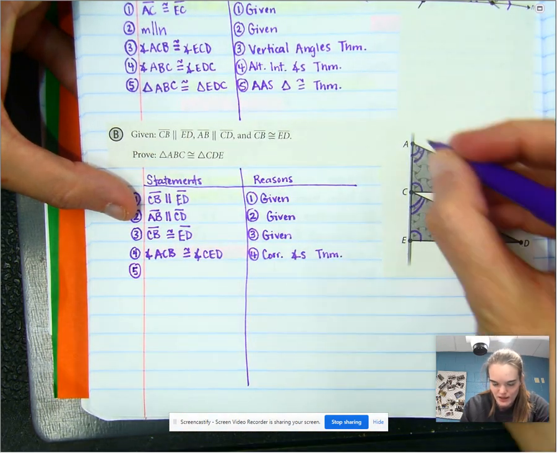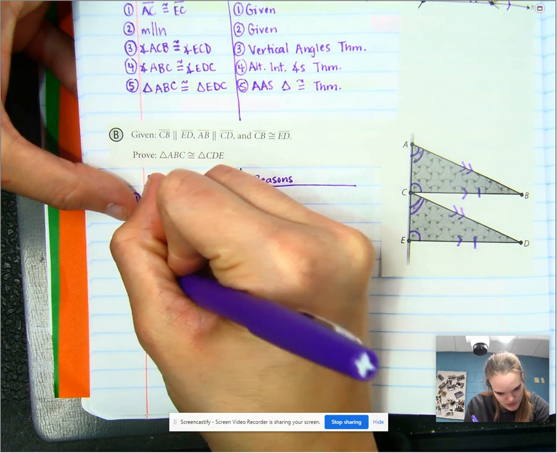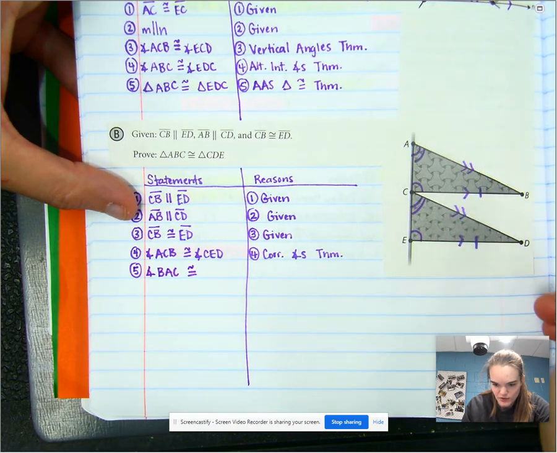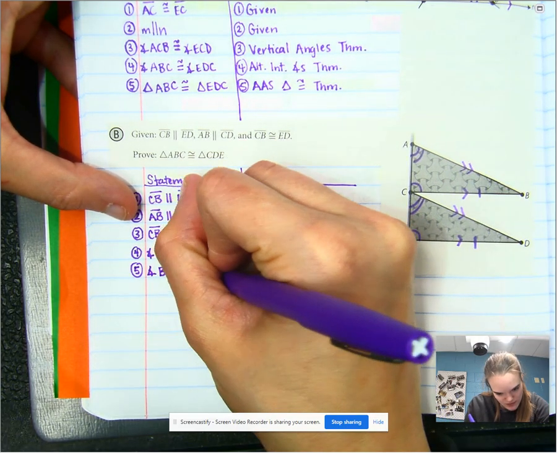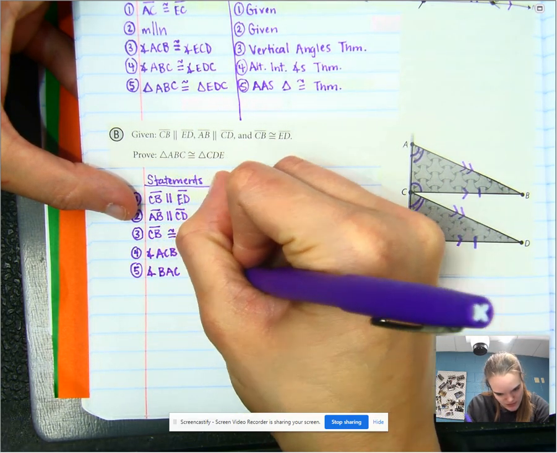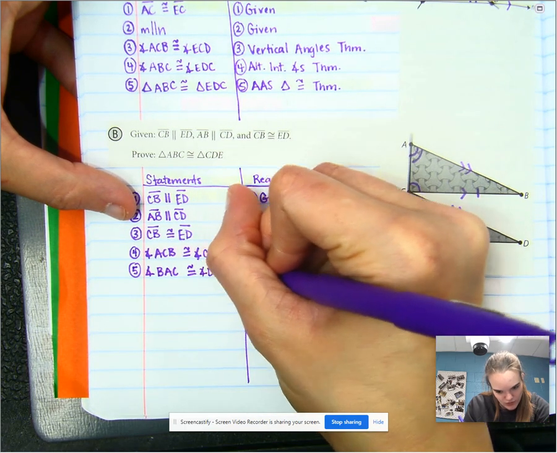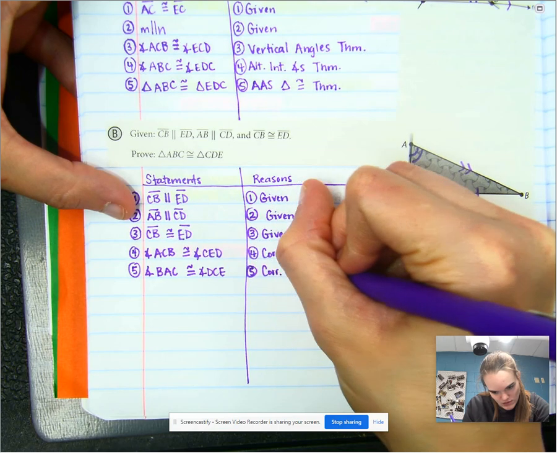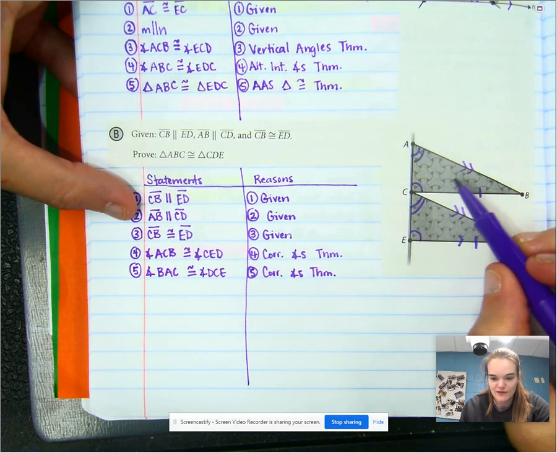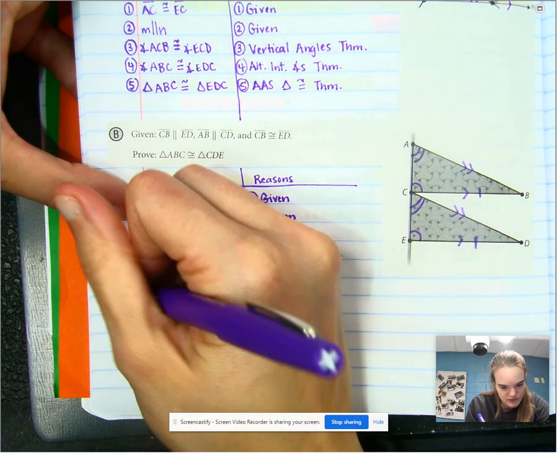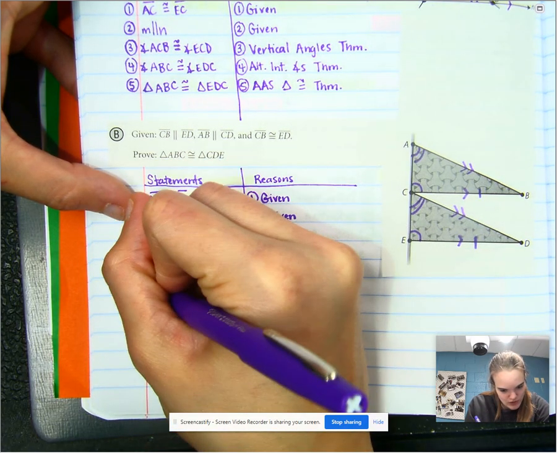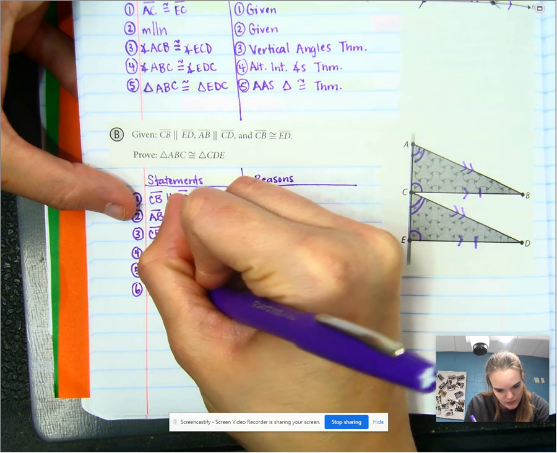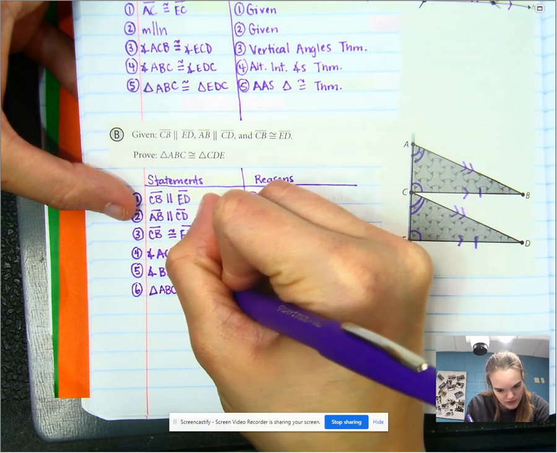So BAC is congruent to DCE. Also corresponding angles theorem. All right, I have an angle, I have a side. So triangle ABC is congruent to triangle CDE.